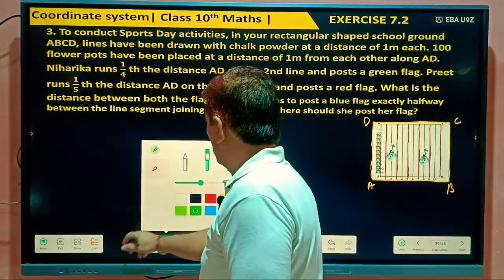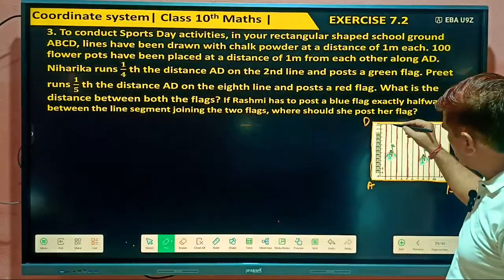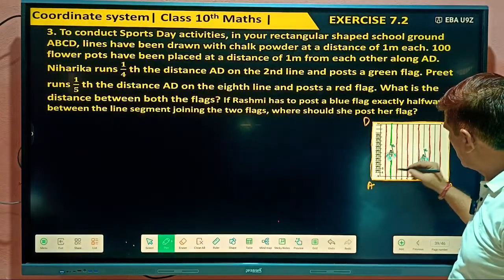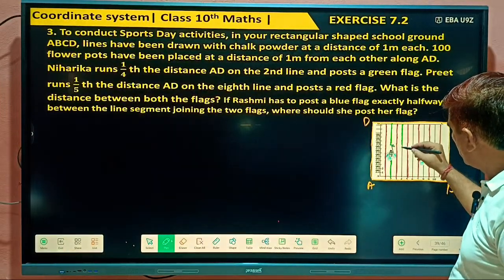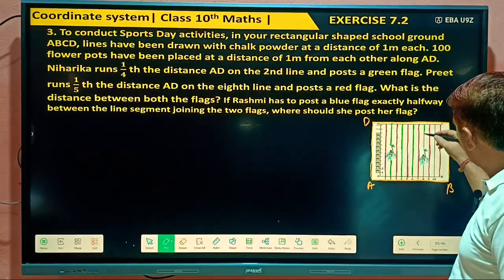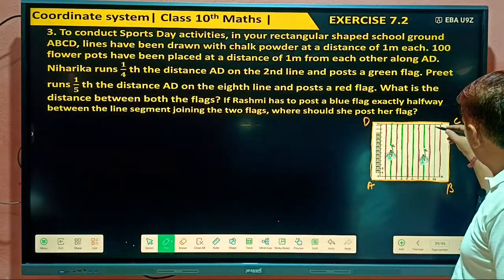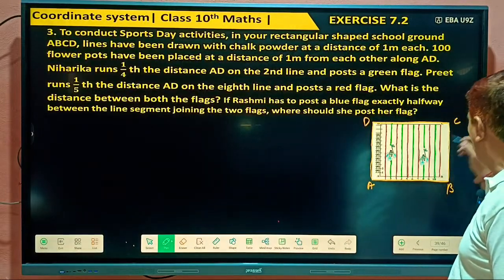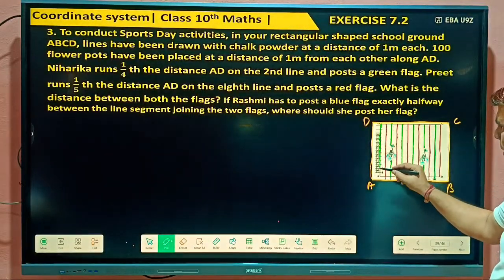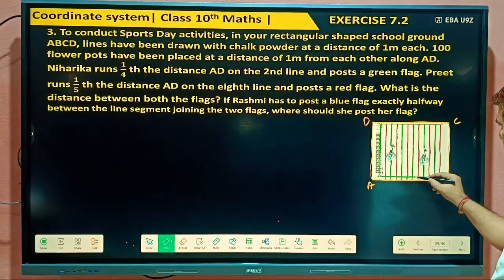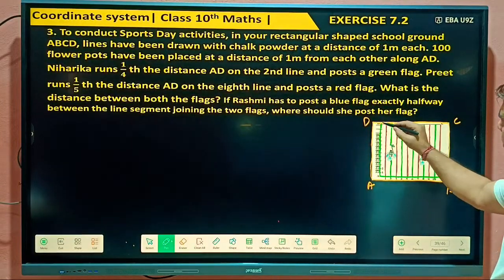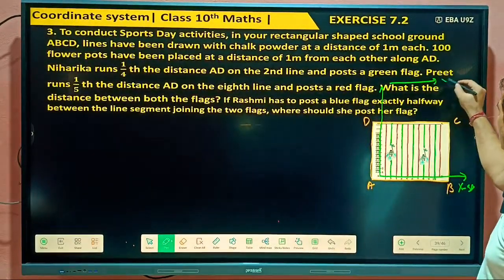Yes or no? And the remaining are like this. This is the second, this is the fourth line, this is the sixth line, this is the eighth line, this is the 10th line, like this. And this is taken as the x-axis and this is taken as the y-axis.